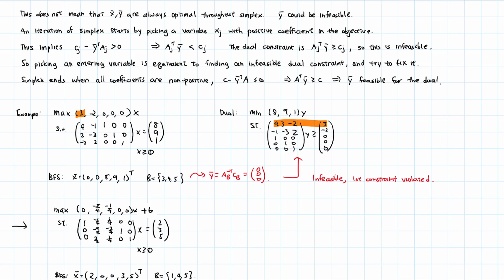After running one iteration of simplex, our new y bar here is 3/4, 0, 0. And we can check that this is actually feasible for the dual. This corresponds to having a non-positive coefficient vector in the primal. So we have an optimal solution.